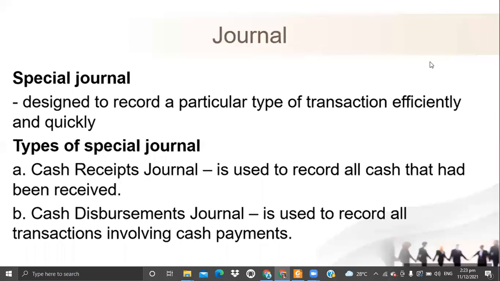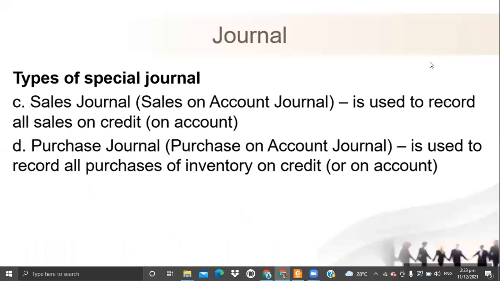And then we have another pair of special journals, the sales journal and the purchase journal. It is similar to the cash receipts and cash disbursement.